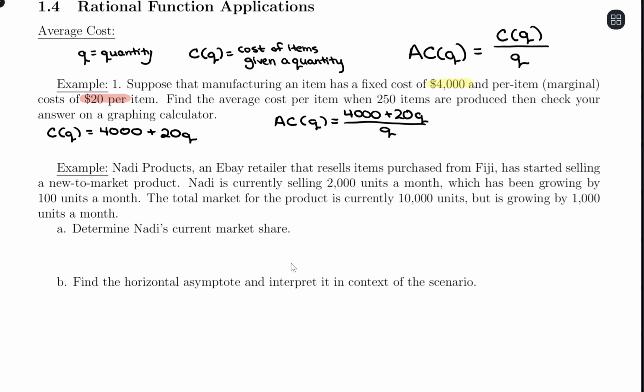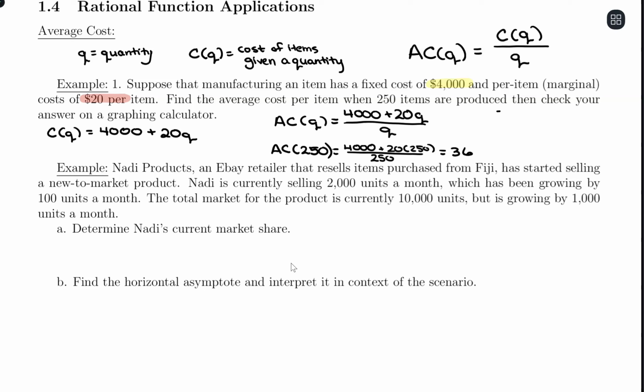That way we can see our rational function where we have that 4,000 plus 20Q as a function in the numerator, and then just Q in the denominator is a function as well. So if we want to find the average cost for 250 items, we're going to plug in 250 for Q. So we're taking 4,000 plus 20 times 250 over 250. And if we plug that into a calculator, that'll give 36.